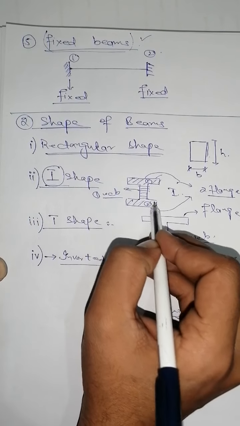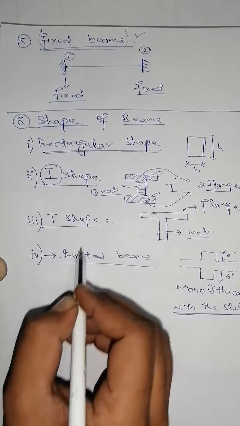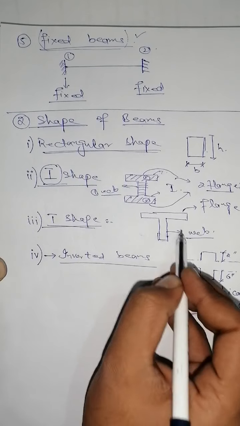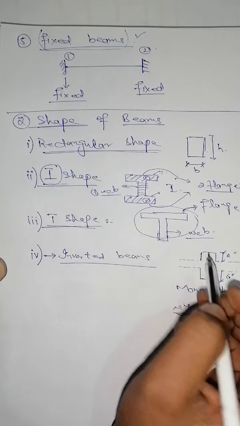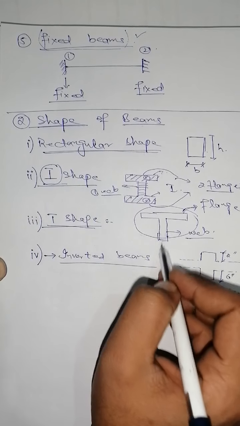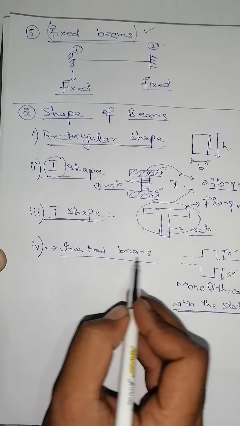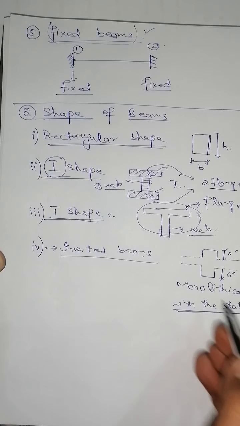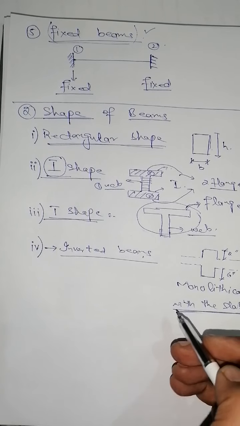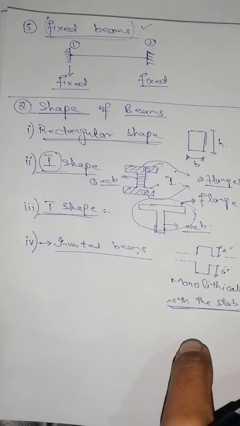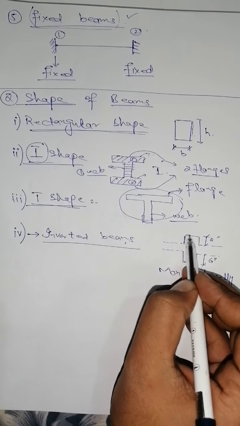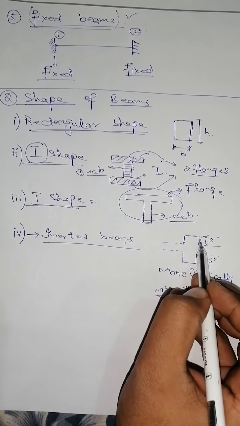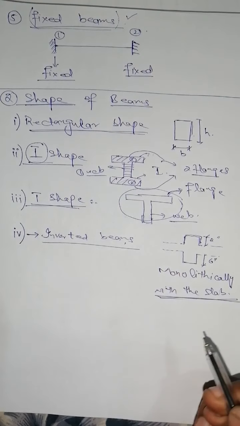And next shape is a T shape like this one. It has only one flange at the upper part and a web at the lower part. And the inverted beams are also available sometimes, where we have height restrictions in our buildings. So this beam is inverted towards the roof. These are known as inverted beams.